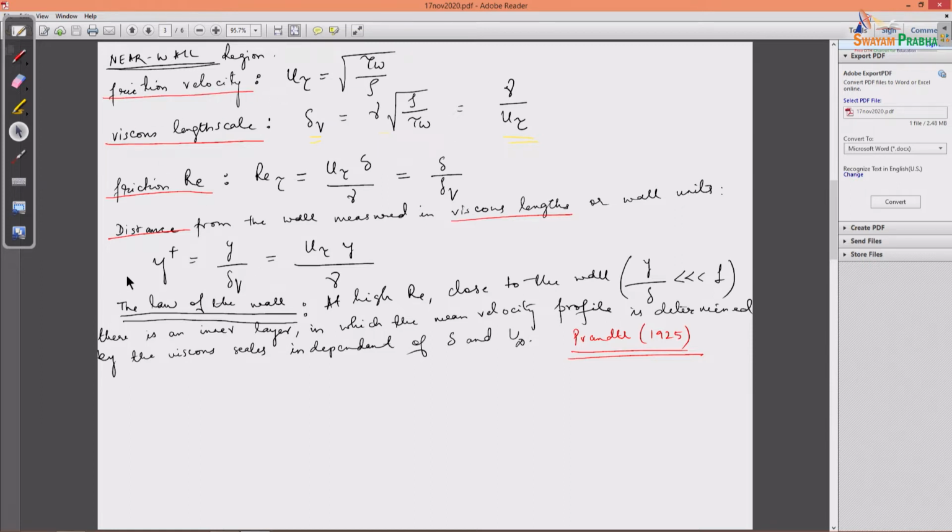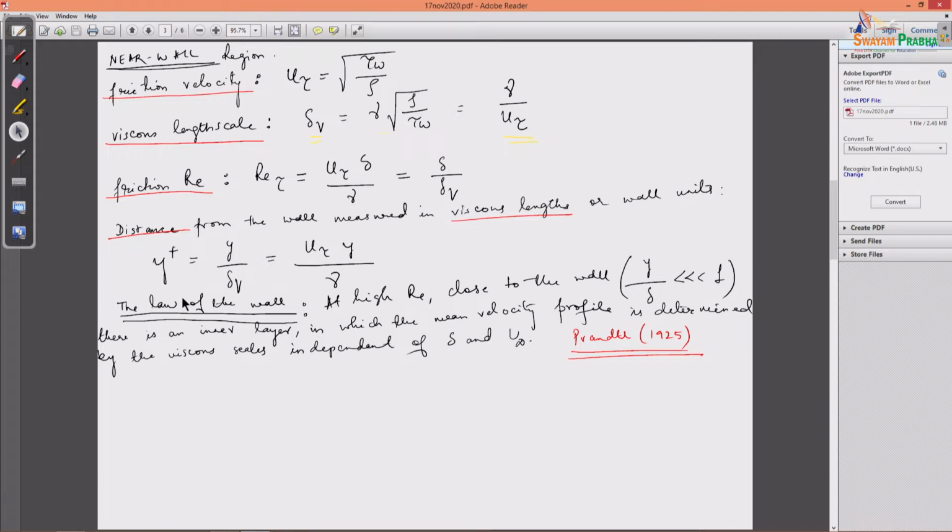The distance from the wall measured in viscous length, y in terms of delta v, is y plus.